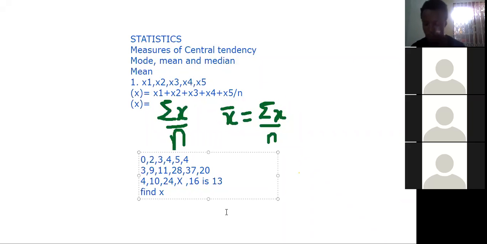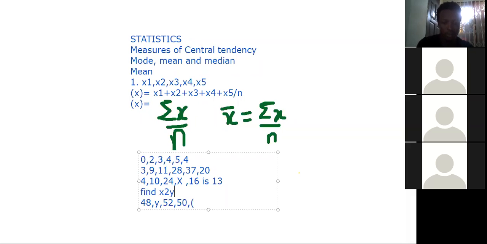The ages in years of 5 men are 48, y, 52, 50, and, in brackets, 2y minus 5. I was supposed to write 2y minus 5.